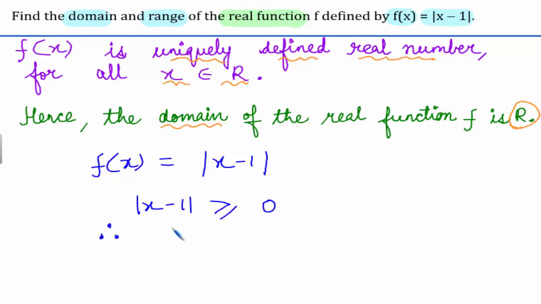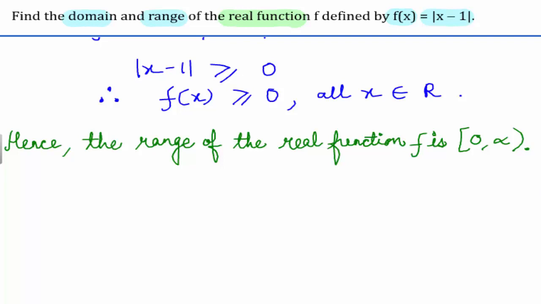Therefore, f of x is always greater than or equal to 0, and this is for all x belonging to the set of real numbers R. And since f of x is greater than or equal to 0, the range of the real function f is left closed right open interval 0 to infinity. And it is left closed because the 0 is included in this interval as f of x is greater than or equal to 0. So this completes the solution.